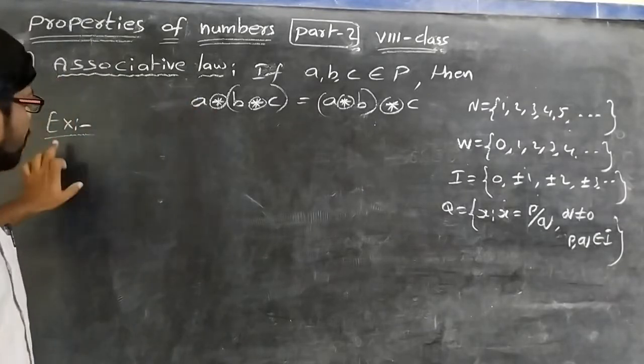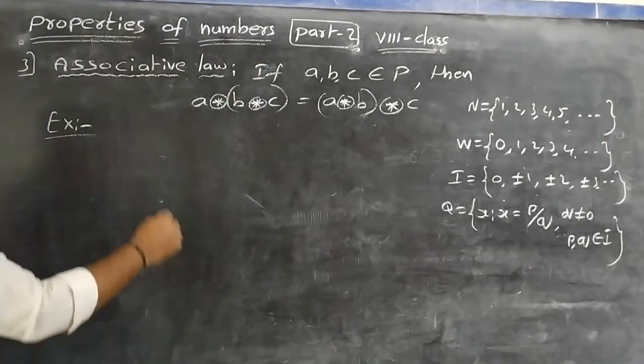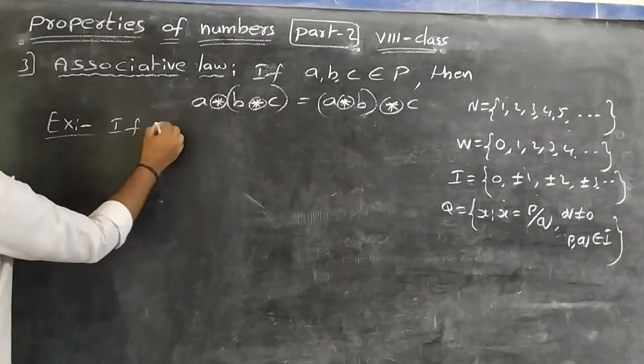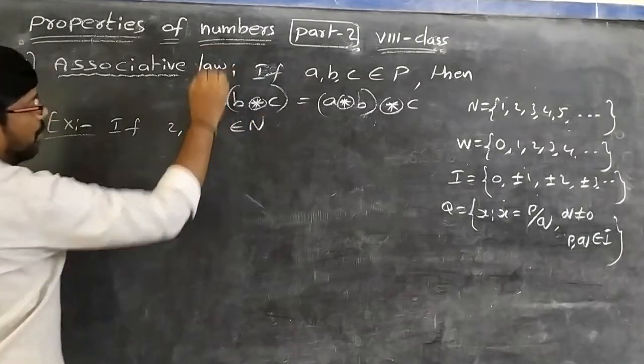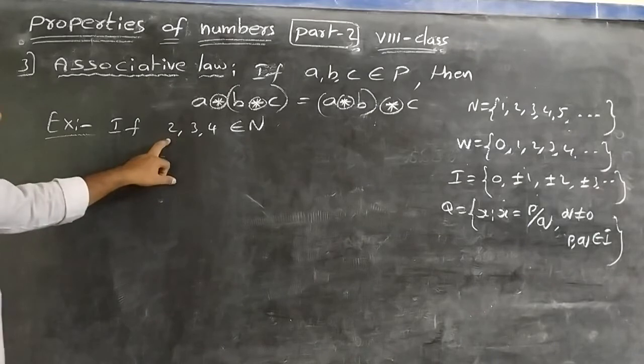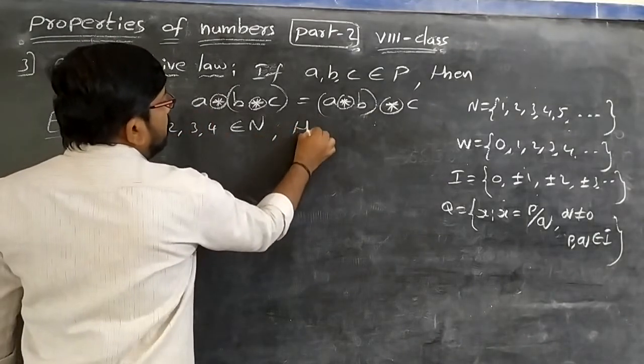Example: first take natural numbers. Take any three natural numbers, 2, 3, 4.